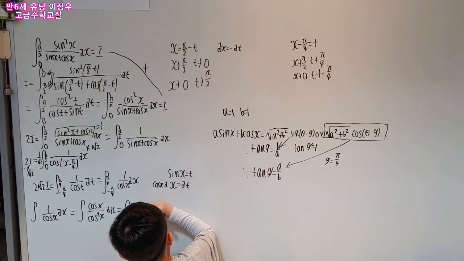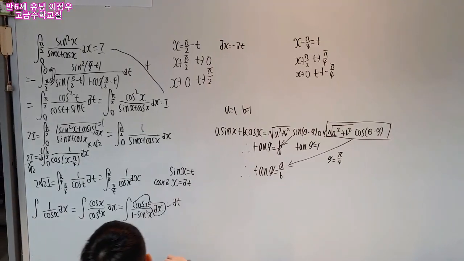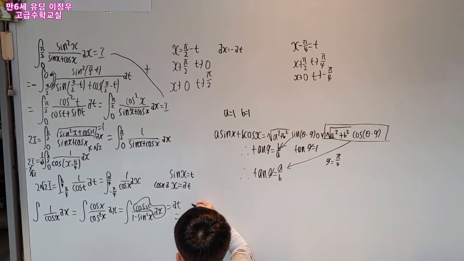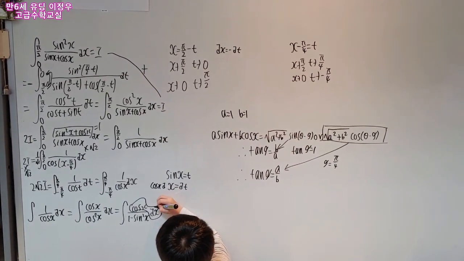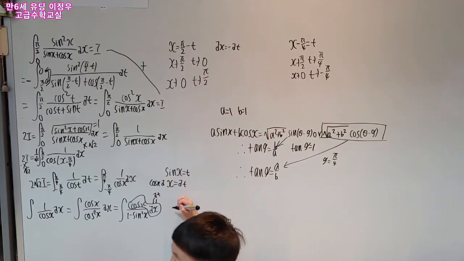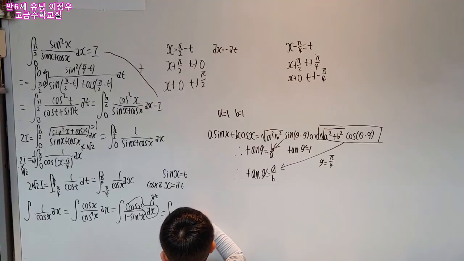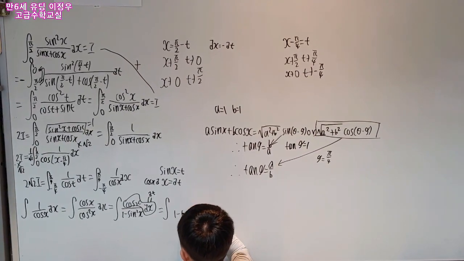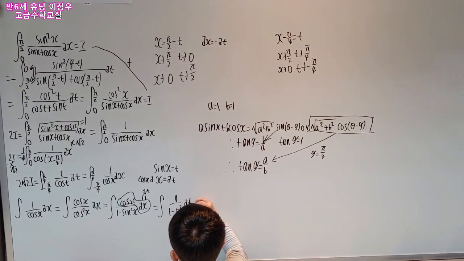So this goes to the integral of 1 over 1 minus t squared dt.